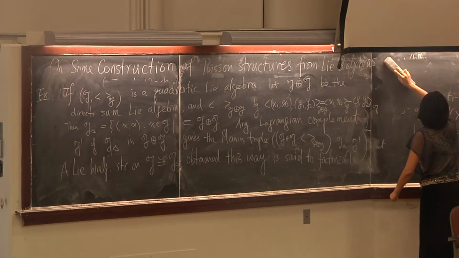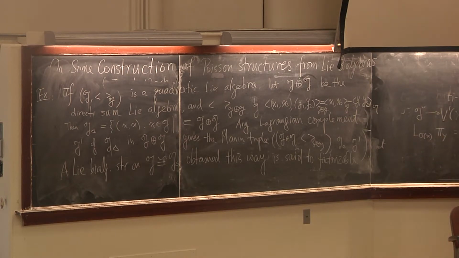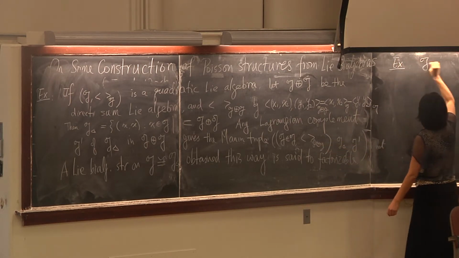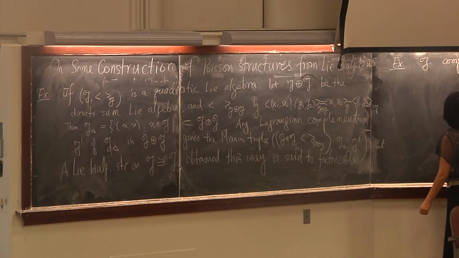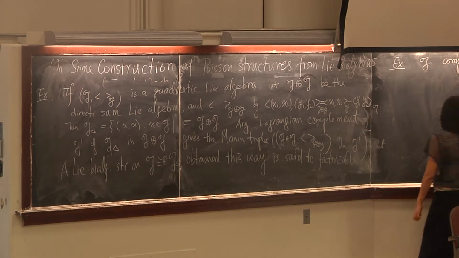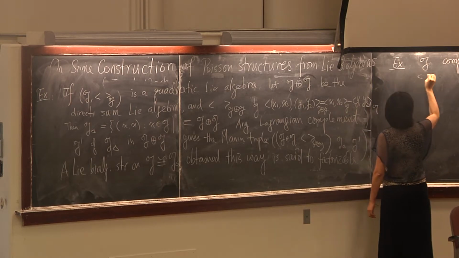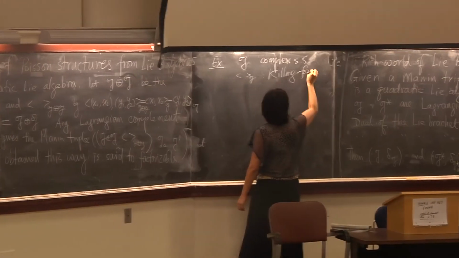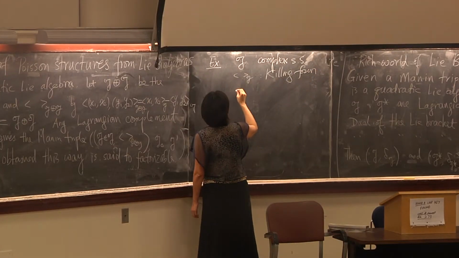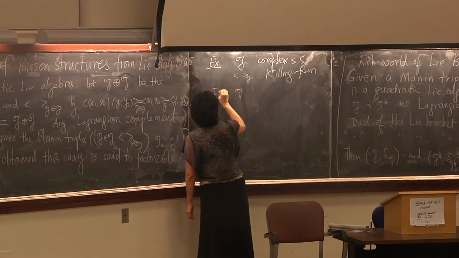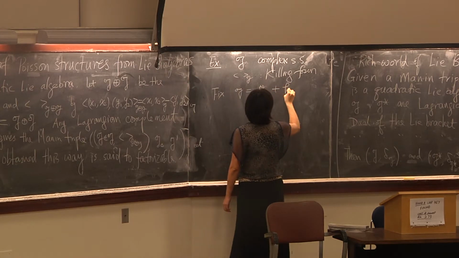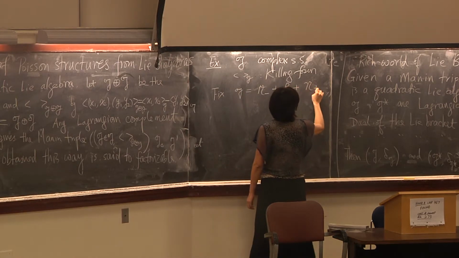So in particular, as a further example, if G is complex and simple, complex or real, doesn't matter, actually complex and simple, and I take this to be the Killing form, and then I fix any so-called triangular decomposition, so you have the lower triangular plus Cartan plus upper triangular.